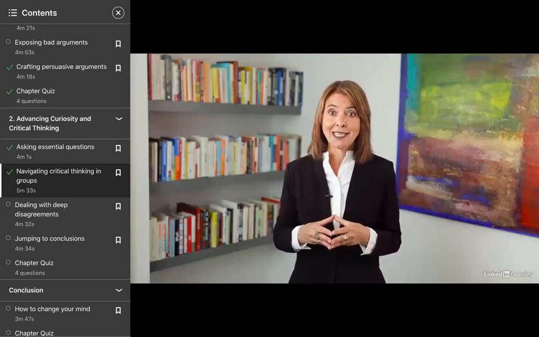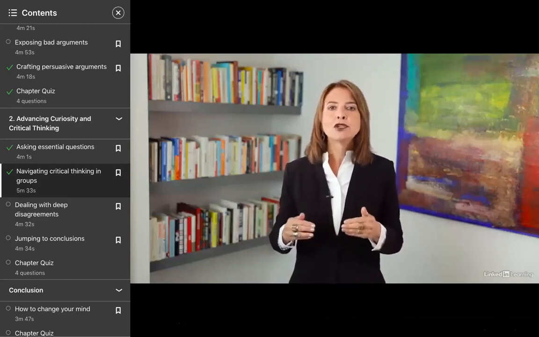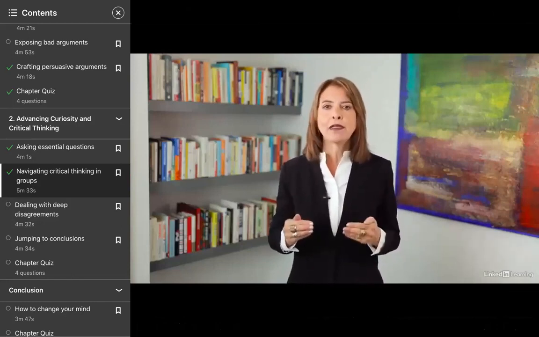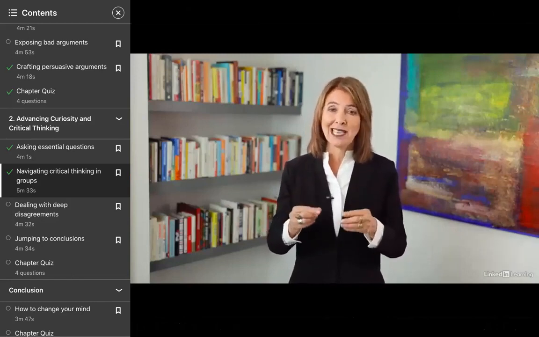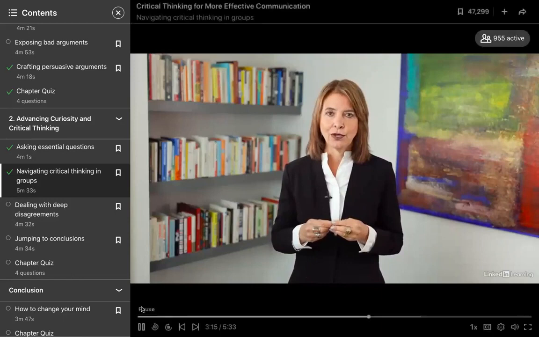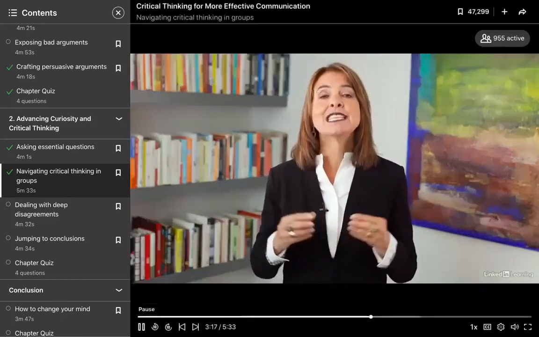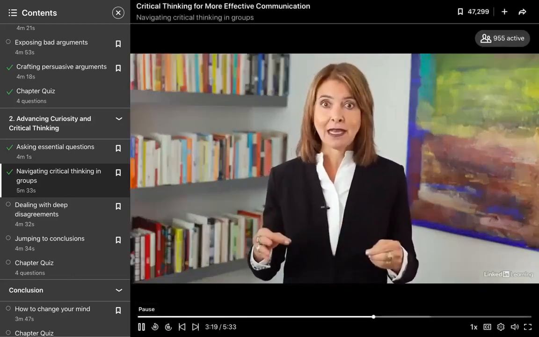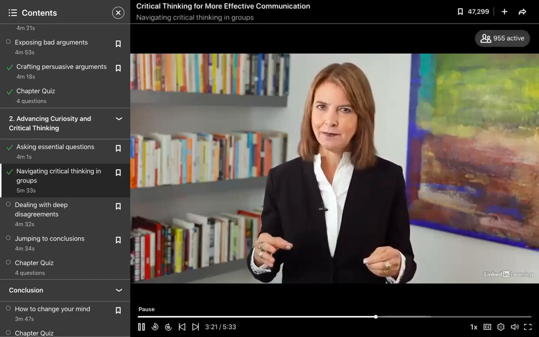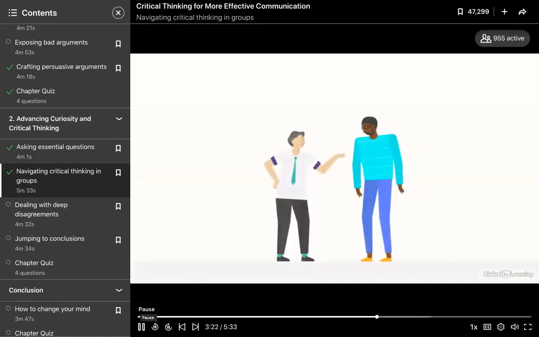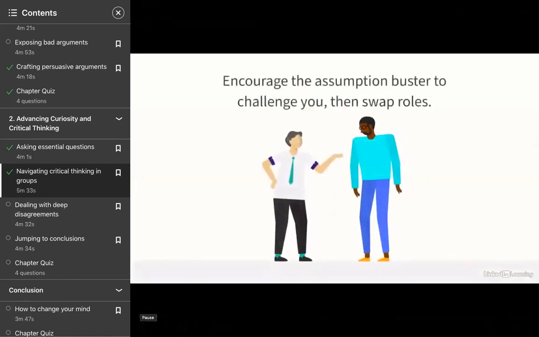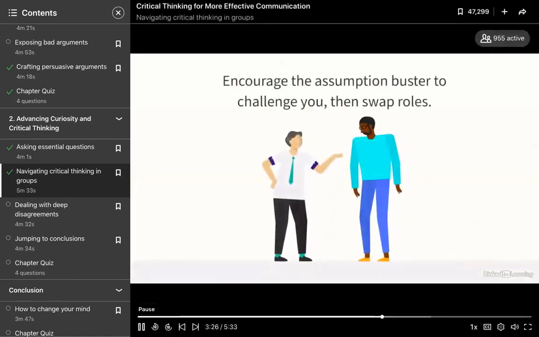Research strongly suggests that when we talk about issues only with people we agree with, we become even more extreme, even more risky in our views. This group polarization is caused by group dynamics, not better reasons. So it is very important to have that dynamic within your group. Encourage the assumption buster to challenge you to prove your case.